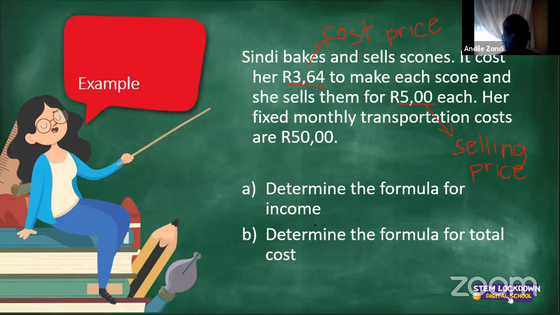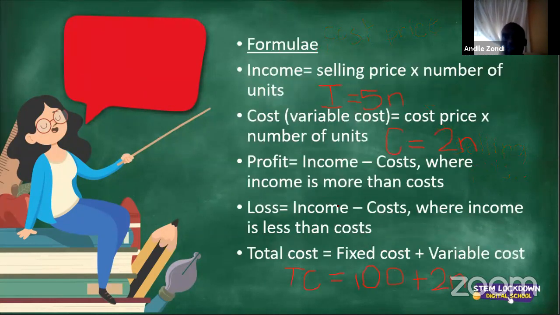Okay, here are the questions. The first question says, determine the formula for income. Obviously, we need to go back to the previous lesson. The formula for income is selling price times number of items.